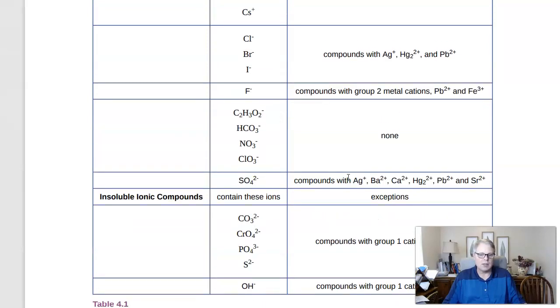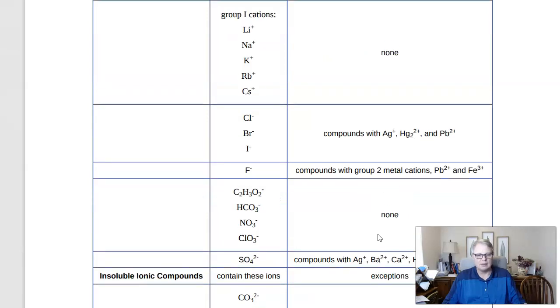Are you going to remember that sulfates are generally soluble except for barium and calcium and silver? Probably not. Are you going to remember that iron chloride's insoluble along with that? Probably not. If that comes up, I guess you just missed it. I mean, you can't memorize everything.